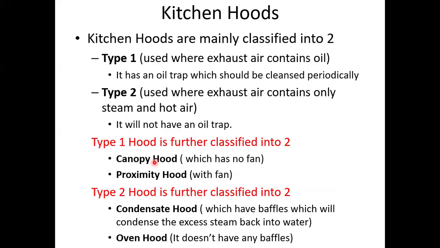Canopy hood doesn't have any fan, which means it's a natural convection method itself. Proximity hood is attached with a fan arrangement. Type 2 is further classified into two types: condensate hood and oven hood.